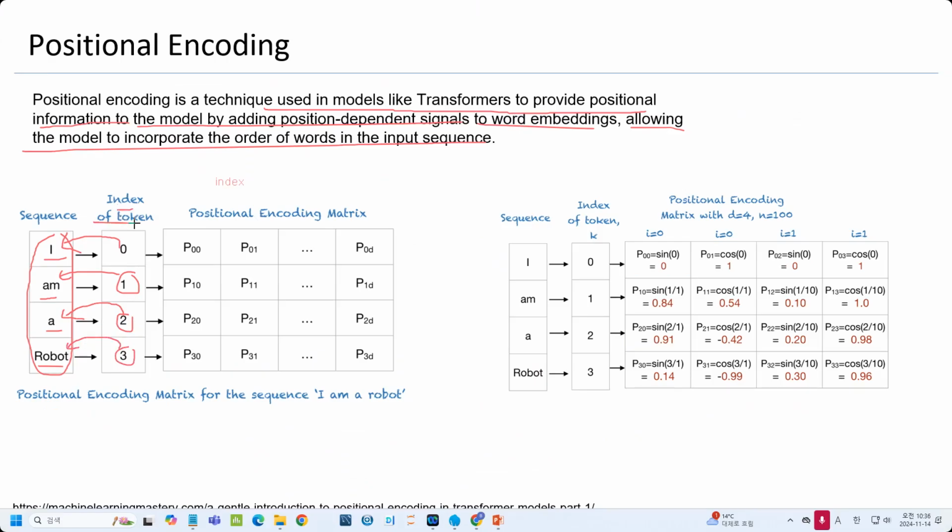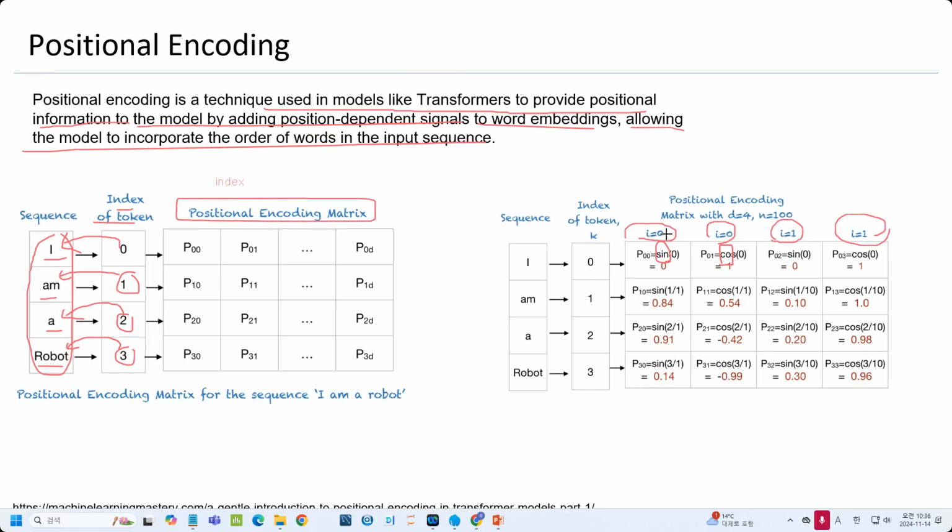And we can create the positional encoding matrix using sine and cosine. We will do repetition.